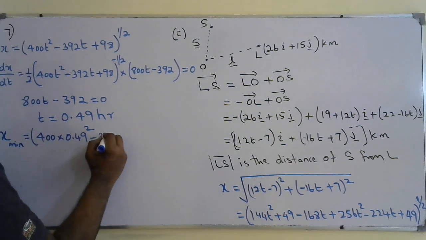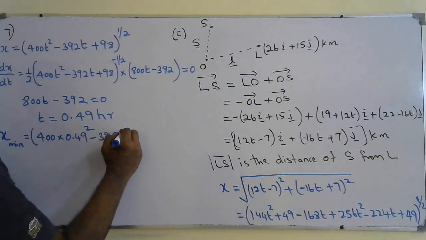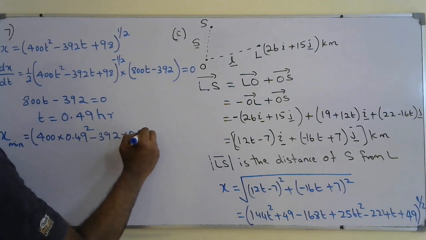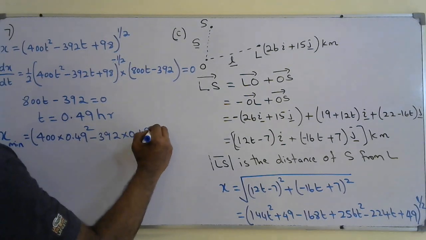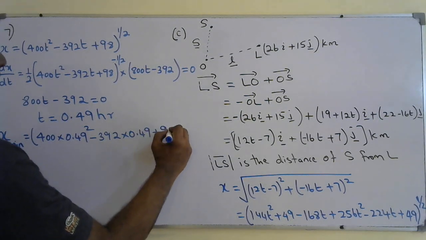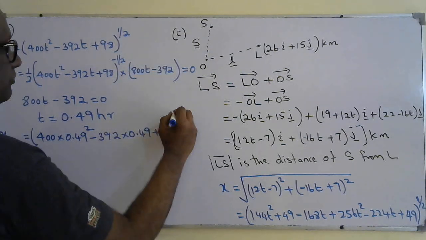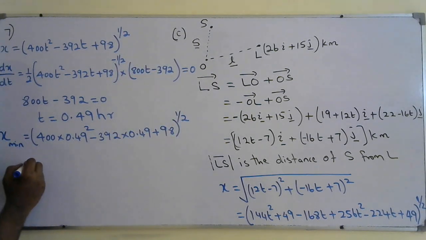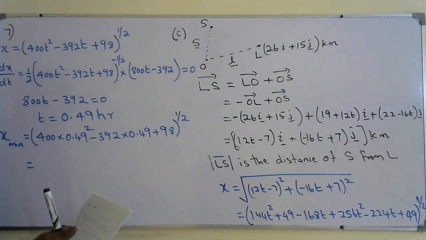So minus 392 into 0.49 plus 98, to the power of half, the square root. Solve it, all numbers.